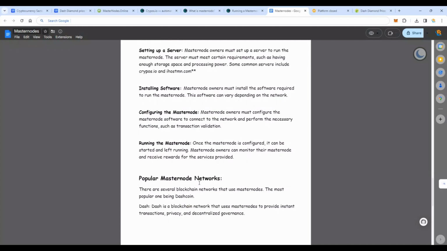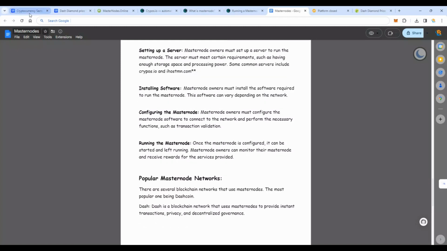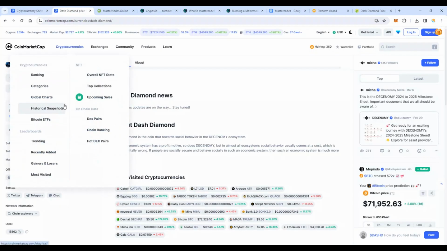Now, popular masternode networks. There are several blockchain networks that use masternodes, the most popular one being Dash coin. Dash coin is a blockchain network that uses masternodes to provide instant transactions, privacy, and decentralized governance. Now, don't confuse Dash coin with Dash Diamond, because these are two totally different projects.